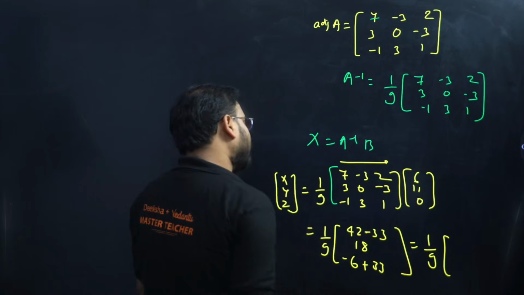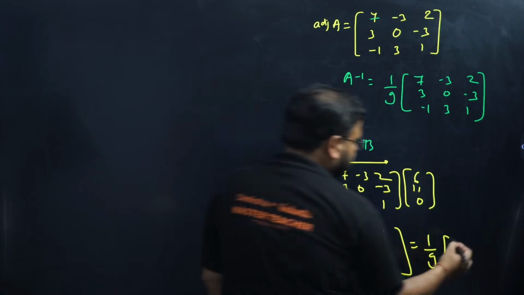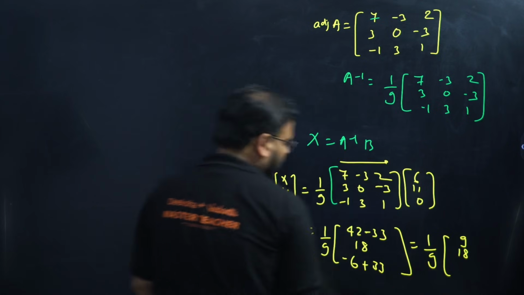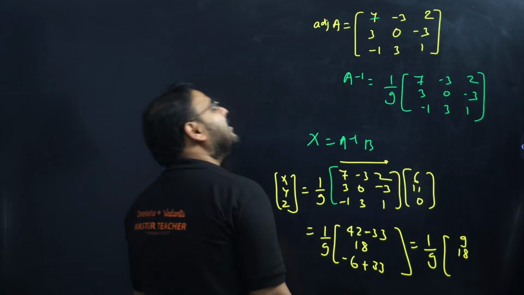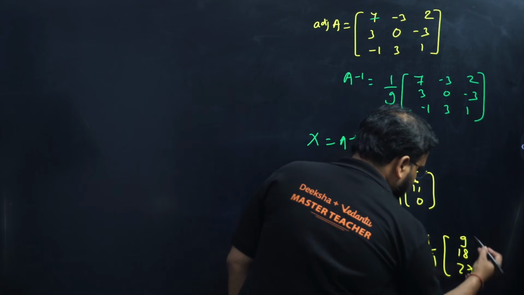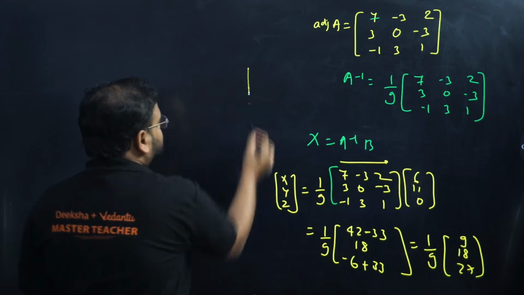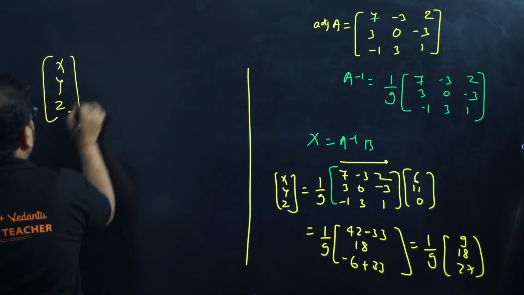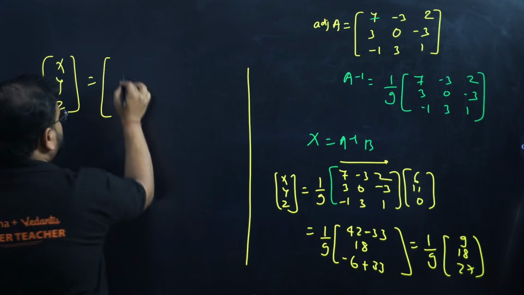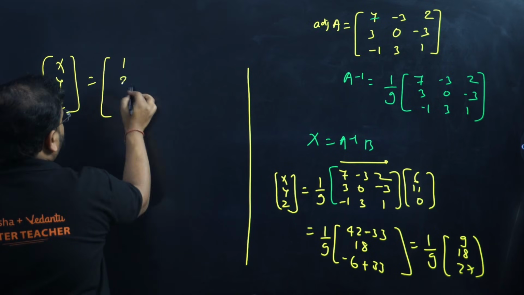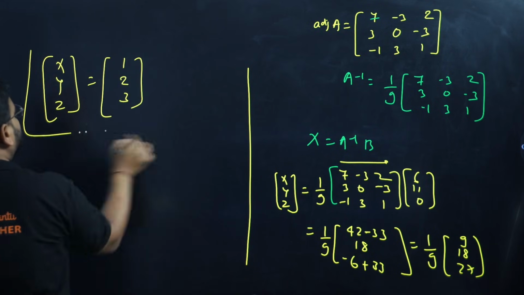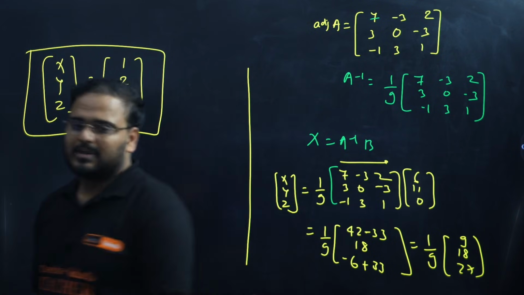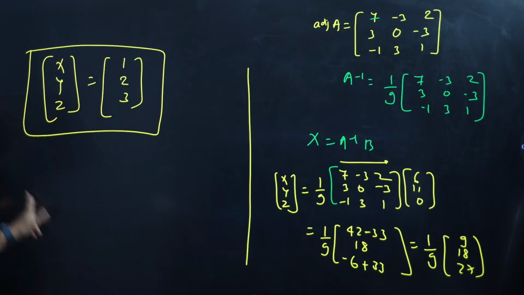You get 42 minus 33 as 9 only, 18 as it is, and over here 33 minus 6 will be 27. So your x, y and z matrix is coming as 9 into 1 is 9, so this is 1, this is 2 and this is 3. So x value is 1, y value is 2 and z value is 3. A simple question. Some calculation is there, but we have done that, no problem.